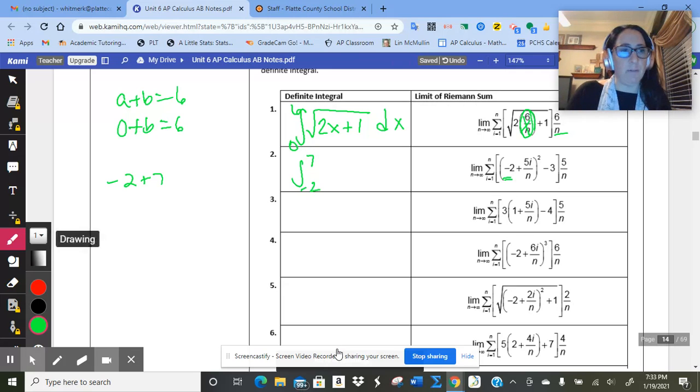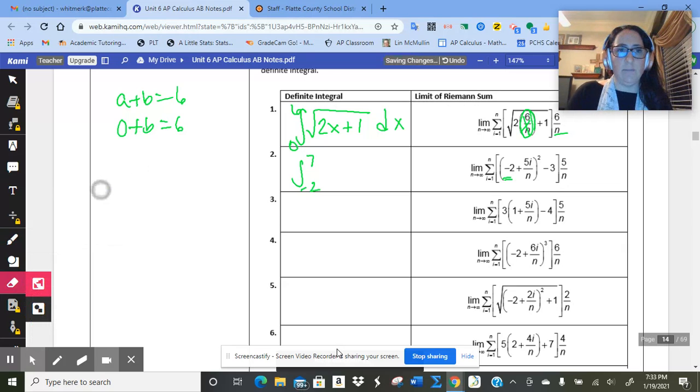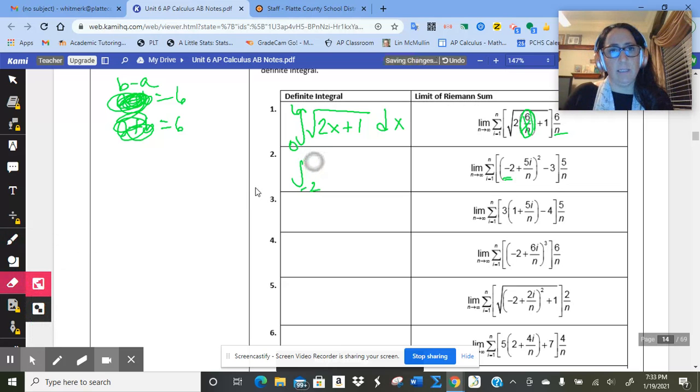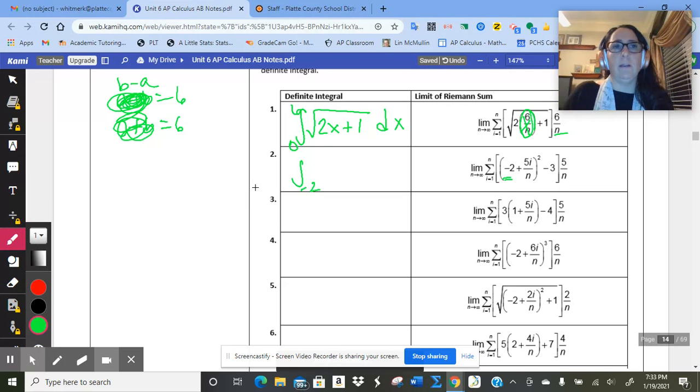No, I just did that backwards. The difference has to be 5. Why am I adding that? The difference, b minus a, has to equal that. All right, my bad. Corrected now. That is definitely not a 7. The difference has to be 5.